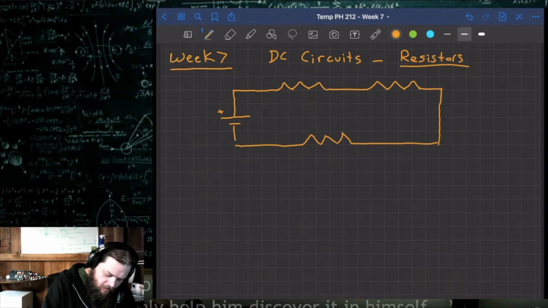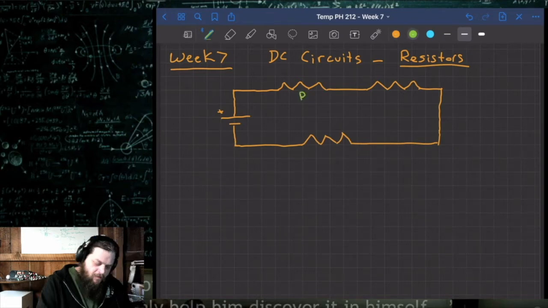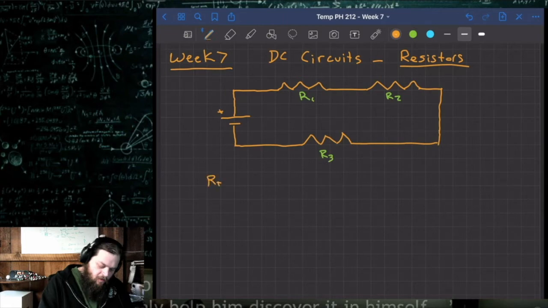And there's a rule on how to find the total resistance in a circuit with series resistors. We would say that the total resistance, R total, is going to be equal to the sum of all of them. So R1 plus R2 plus R3.